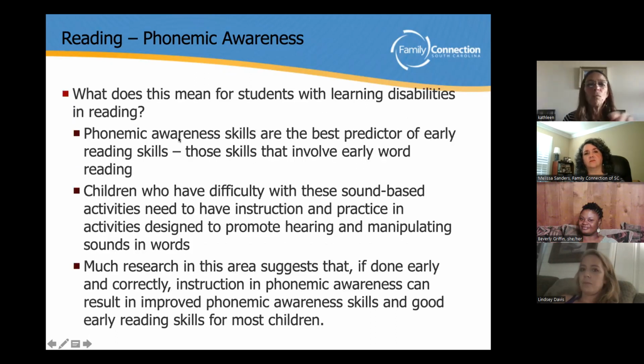So what we know about phonemic awareness skills is they're the best predictors of early reading skills, okay? So four-year-olds who are good at phonemic awareness tend to be good readers. Four-year-olds who are not good at phonemic awareness tend to have more difficulty, okay?